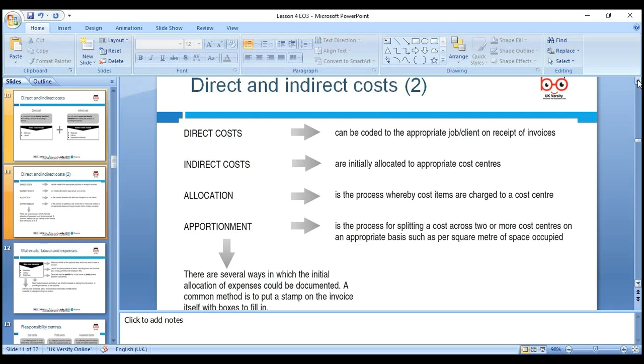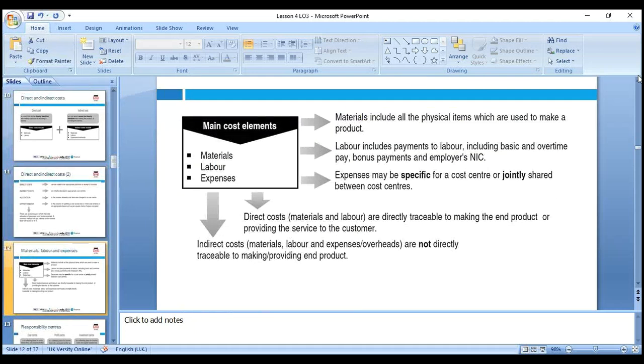Direct cost can be coded to the appropriate job, client, and receipt. Indirect costs are initially allocated to the appropriate cost center. Allocation is a process where the cost items are charged to the cost center. Apportionment is a process of splitting the cost across two or more cost centers on an appropriate basis, such as per square meter of area occupied. So that is how we can allocate the cost.